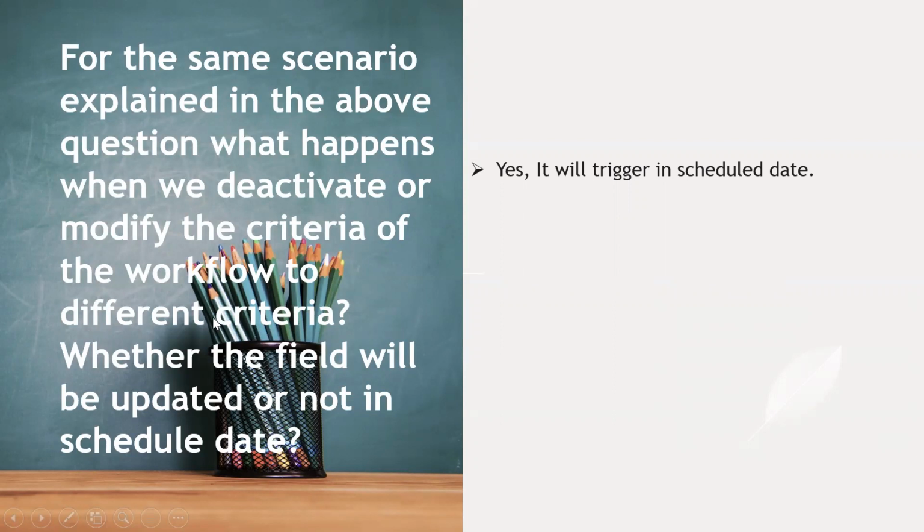If the criteria has been matched, then definitely it should be fired. Yes, it will be triggered on the scheduled date. If you modify the same record and the criteria has been matched, then it should be fired on the same scheduled date.